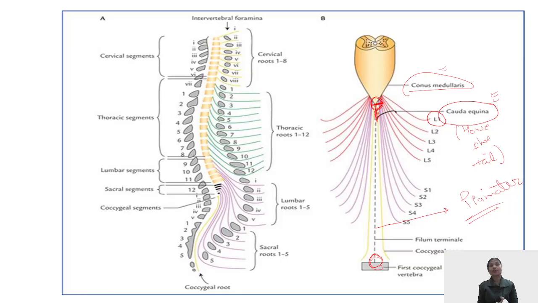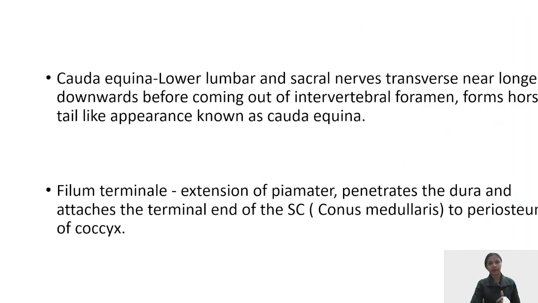It is an extension of the pia mater which terminally attaches the spinal cord, that is the conus medullaris, to the periosteum of the coccyx vertebrae. Is that clear? Conus medullaris, cauda equina, and filum terminale: these are the three parts which are separately asked.